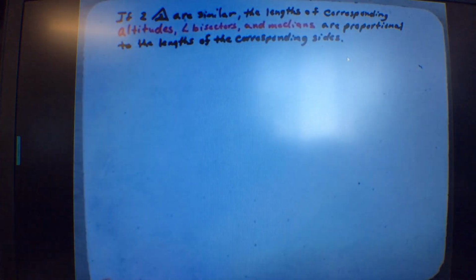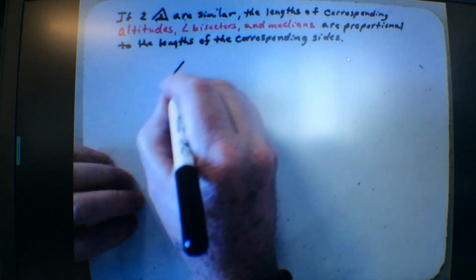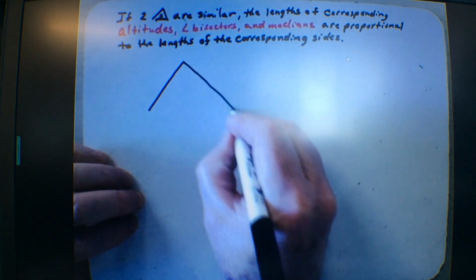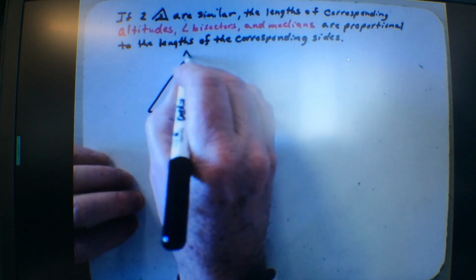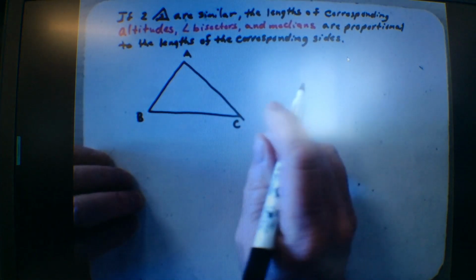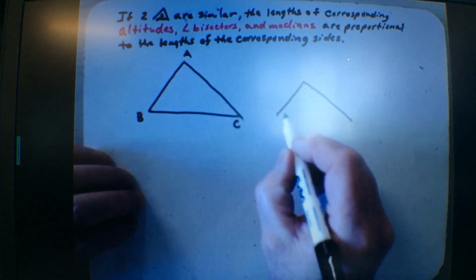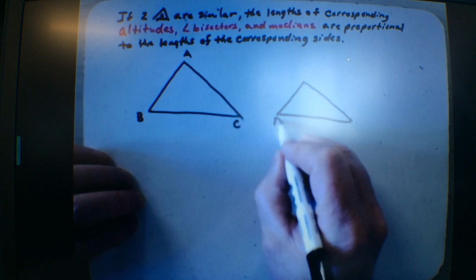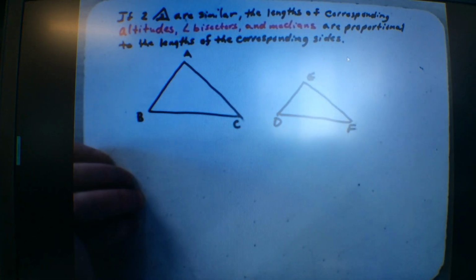Okay. Now I'm assuming that you know what altitude, angle bisectors, and medians are. So you may have to help me out with that if you're not. But let's take a triangle. We'll call this triangle ABC, and it is similar to this triangle DEF.